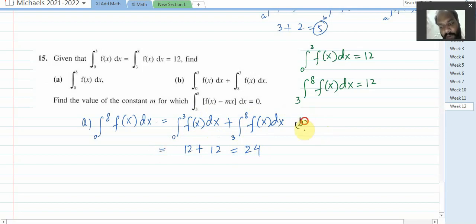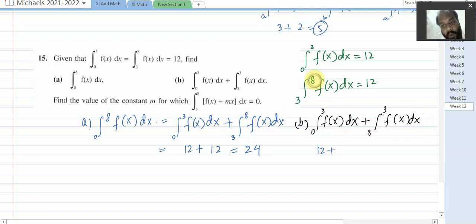And for part B, it says integral of 0 to 3 f of x dx plus integral of 8 to 3 f of x dx. Now the integral of 0 to 3 is already given in the question, it's 12, plus the integral of 8 to 3.